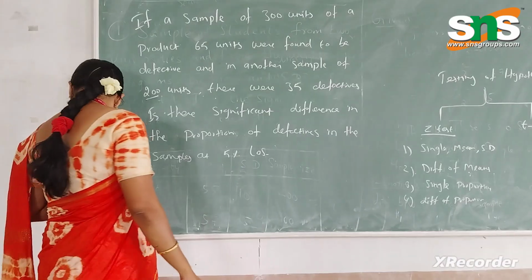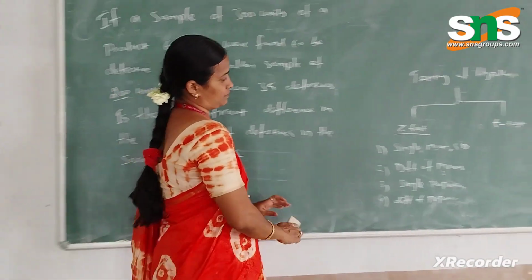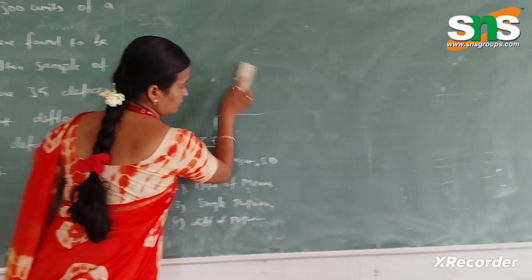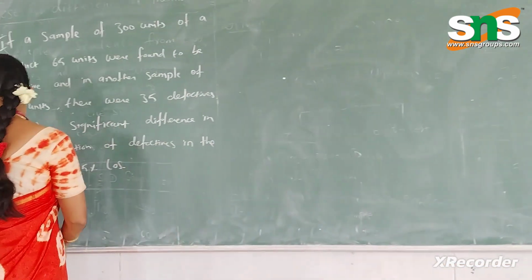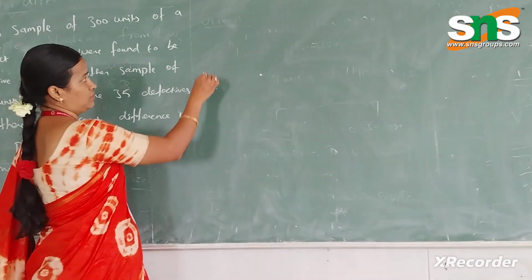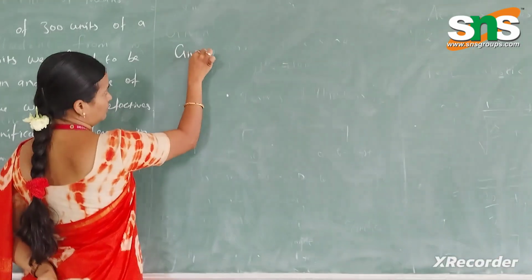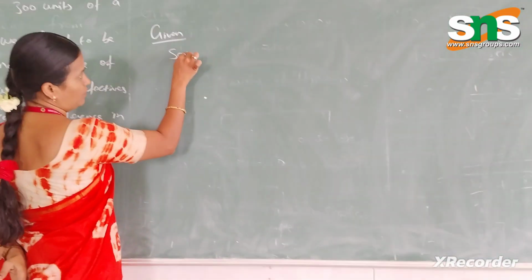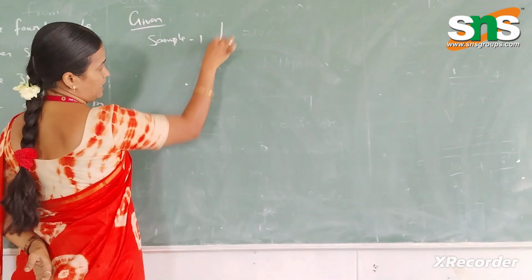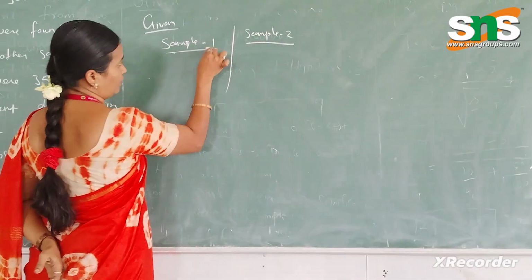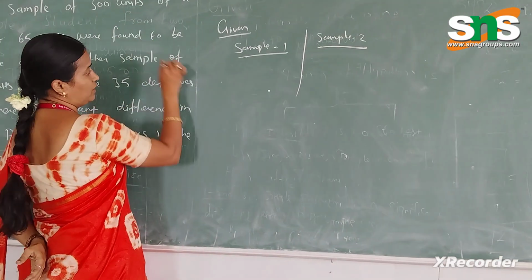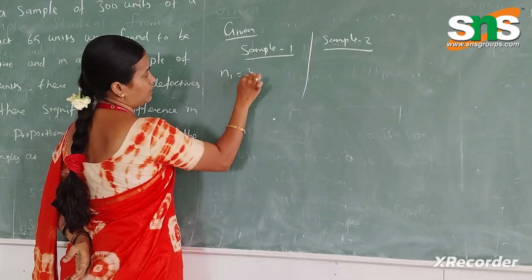Now, first we are going to write the given details. What is given? Two samples are given, sample 1 and sample 2. In sample 1, the n1 value is 300.